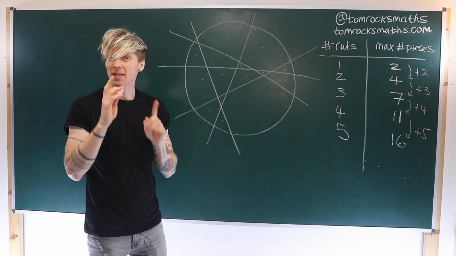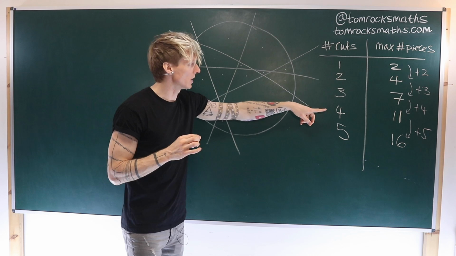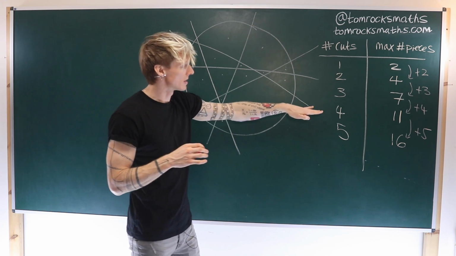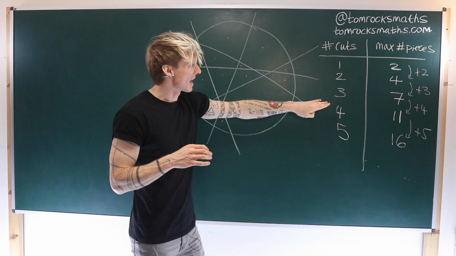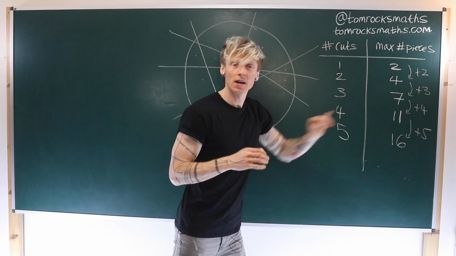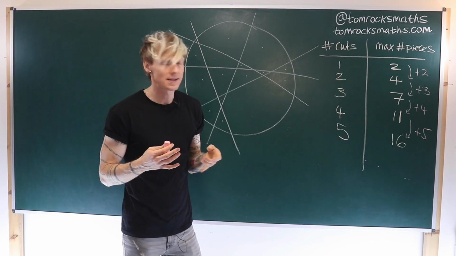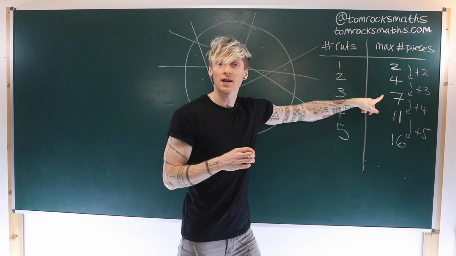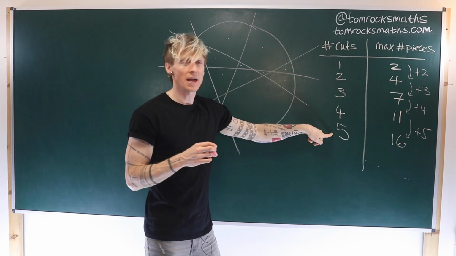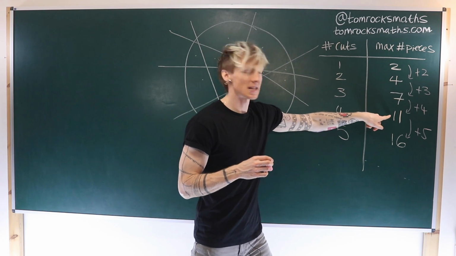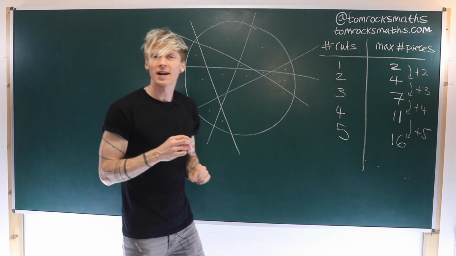But not only that, if we actually look at, for example, step 4 here, when n is equal to 4, the answer for the maximum number of pieces is the previous answer plus 4. To get the answer for n equals 5, it's the previous answer plus 5.